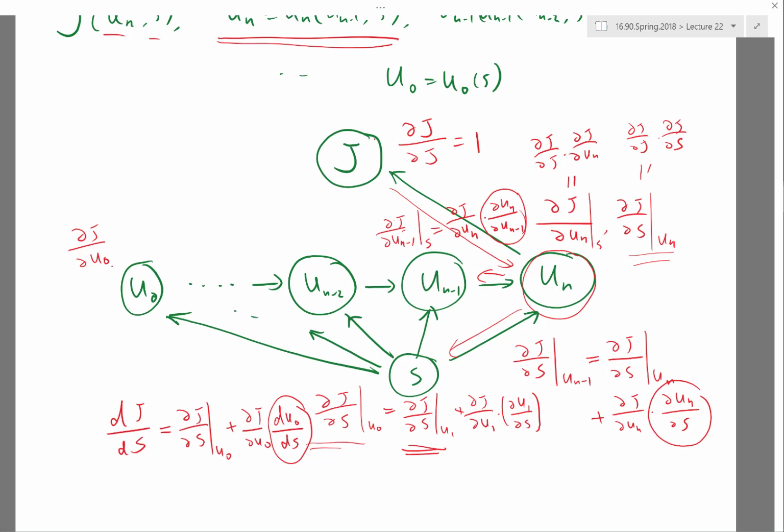The whole procedure doesn't depend on the most expensive part, which is the computation of the dj dus. It doesn't depend on what s I have, or how many s's I have. Right. So through this procedure, called backpropagation, we have computed dj ds. No matter what s is, and no matter how many s there are, we compute the gradient in one shot.